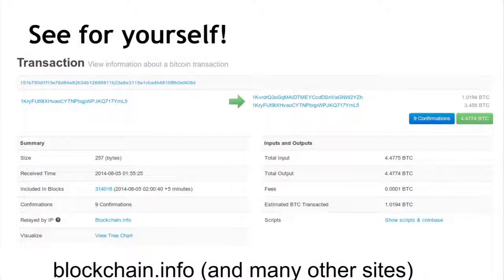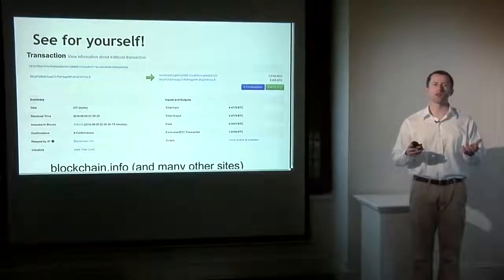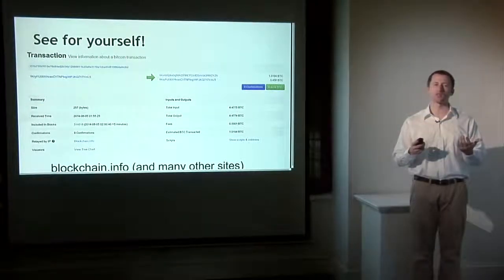So with both the block format and the transaction format that we described earlier, the best way to learn it is to just see for yourself. There's a lot of websites that make this data accessible. This is a screenshot from blockchain.info, which I found very helpful myself in understanding and exploring what's going on at a low level in Bitcoin. There are a lot of other websites that do a great job of making this information accessible.